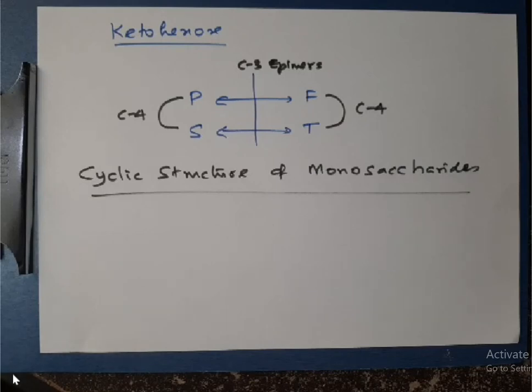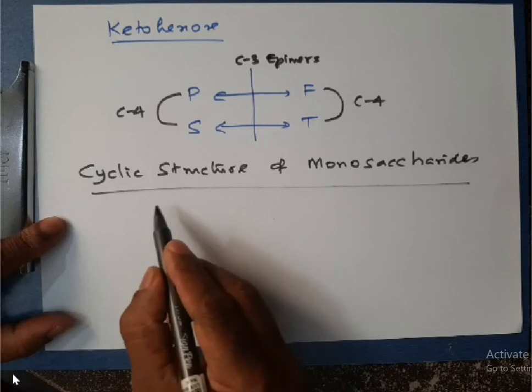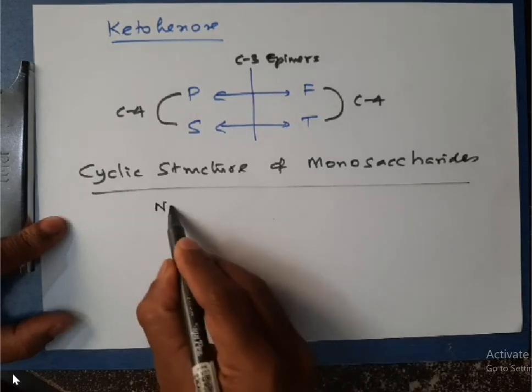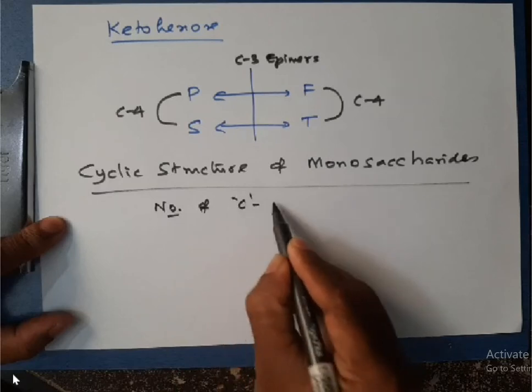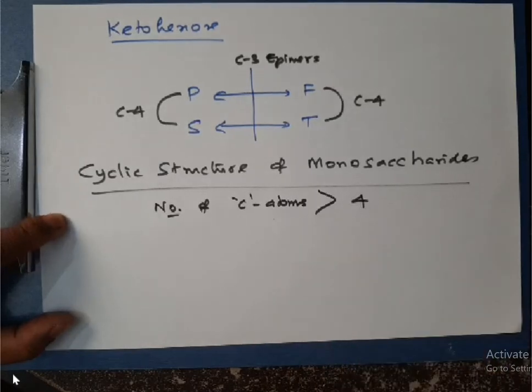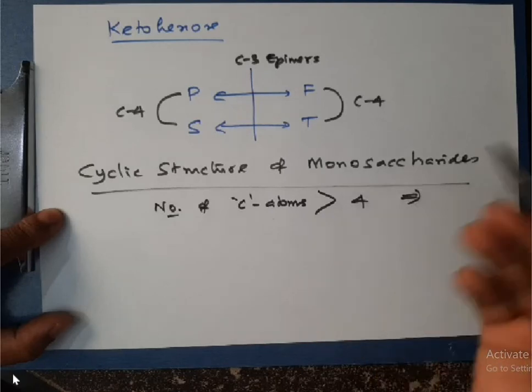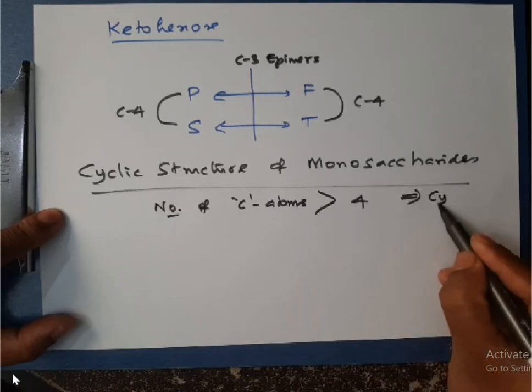Students, remember, whenever aldoses or ketoses contain more than 4 carbon atoms, let me write here, if the number of carbon atoms is more than 4, then the molecule exists in cyclic structures also.